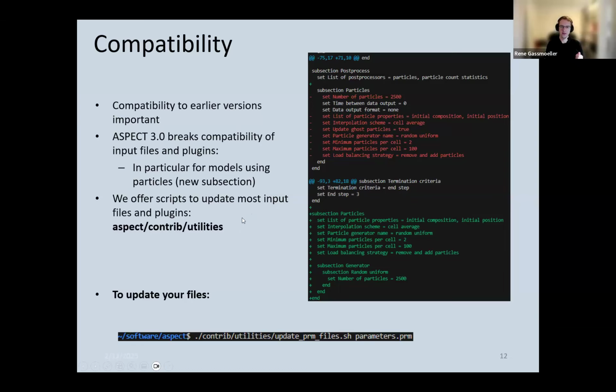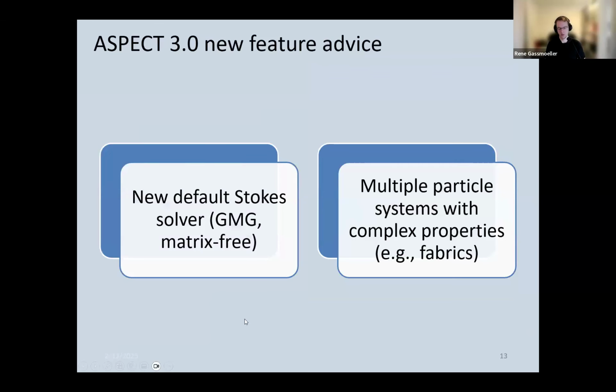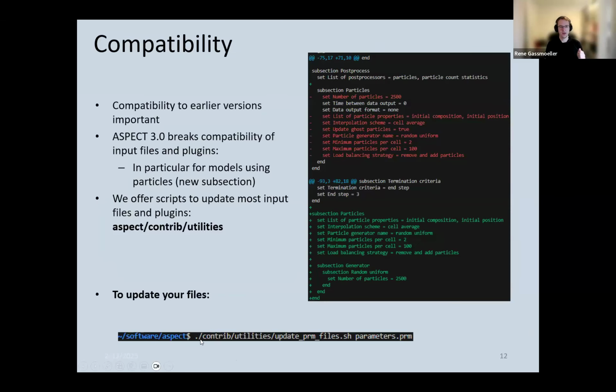We know this is annoying if you try to run old parameter files with new models. We try to make the change as easy as possible by providing update scripts. If you check the directory contrib utilities, there's a file called update prmfiles.sh.